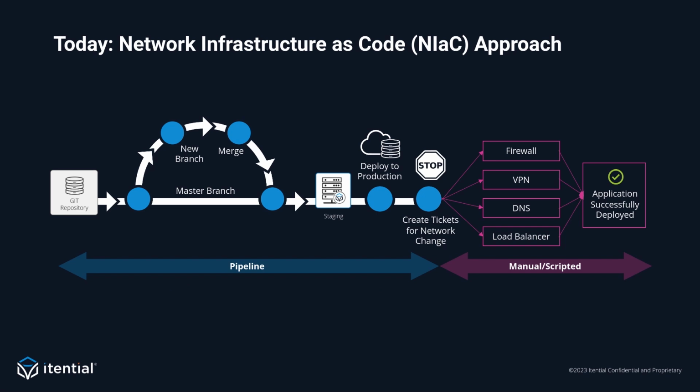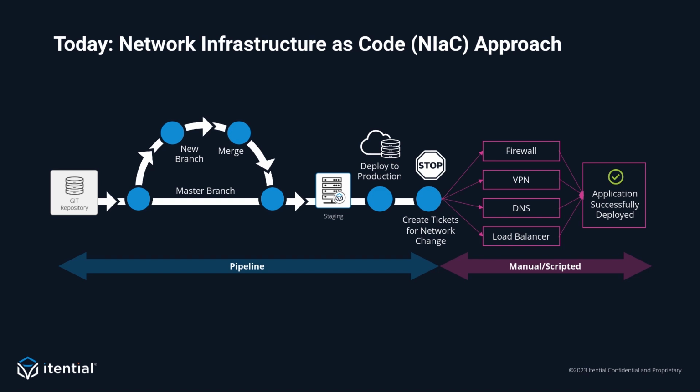Now, in some environments, I want to talk about what we see in the field, which is that the application developers have developed a relatively robust, mature pipeline, but the pipeline hasn't yet been integrated to incorporate the network services. So the developer will develop their new branch, do their merge request, it'll get approved, go to staging, and get deployed to production.